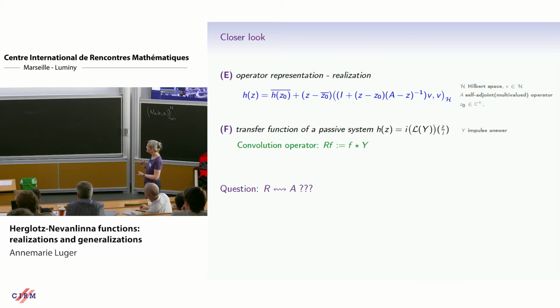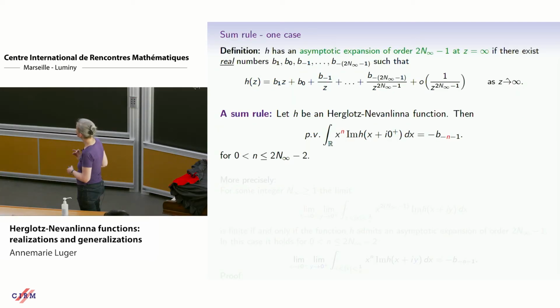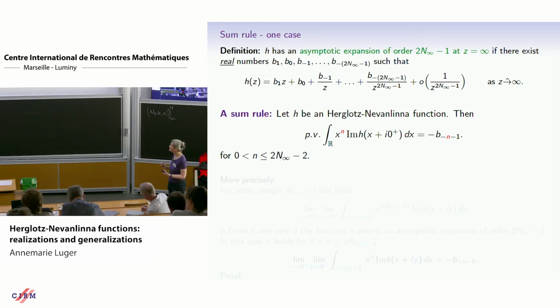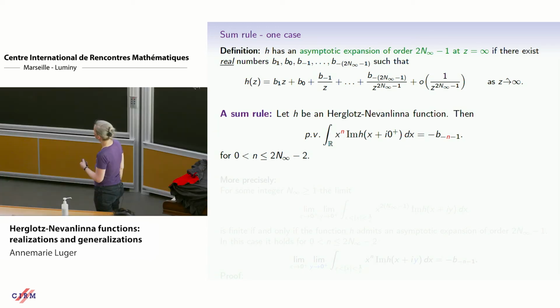Okay, then I want to mention something about the sum rules that we have seen in Matt's talk today. So I pick out just one case. Matt has written it in more generality. So you have your Herglotz-Nevanlinna function, and we say that it has an asymptotic expansion of order 2n minus 1 at infinity if it can be written in this way.